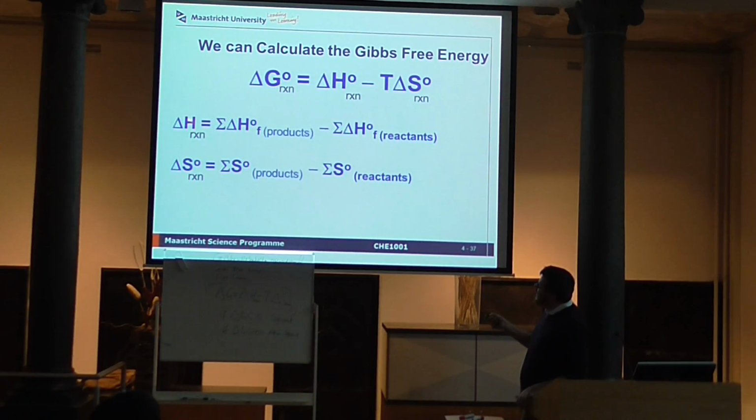Same for the enthalpy change of a reaction. It's the sum of the molar enthalpies of formation of all the products minus the sum of the molar enthalpies of formation of all the reactants gives you the overall enthalpy change of the reaction. You can calculate it, and I'll show you how in a moment, and you can do the same for entropy.